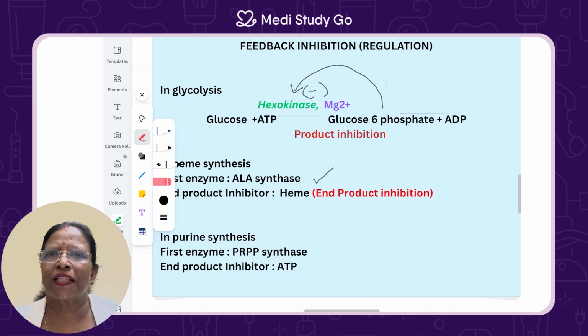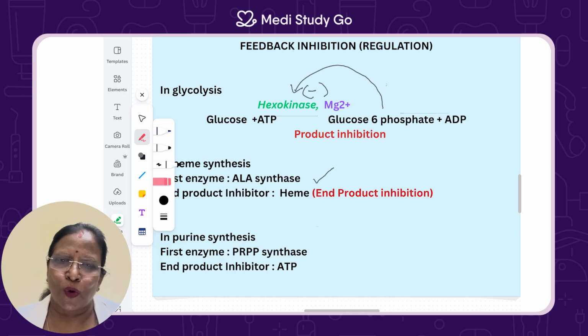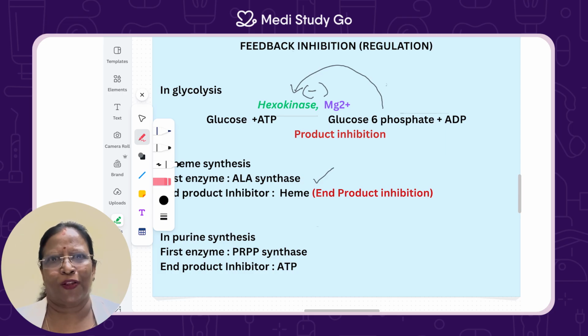Another example is in purine synthesis. In purine synthesis, the end products are ATP and GTP. ATP feedback inhibits one of the initial enzymes, PRPP synthetase. Therefore, it regulates its own production by inhibiting an enzyme from its own biosynthetic pathway.